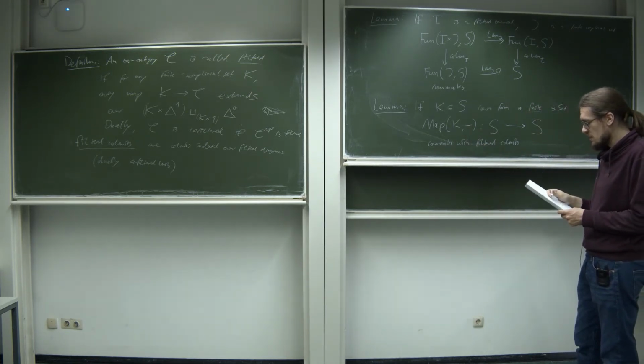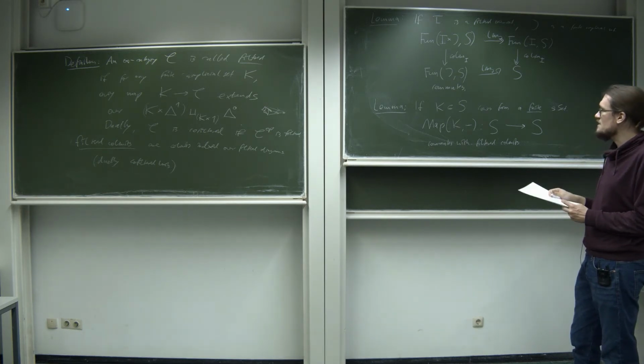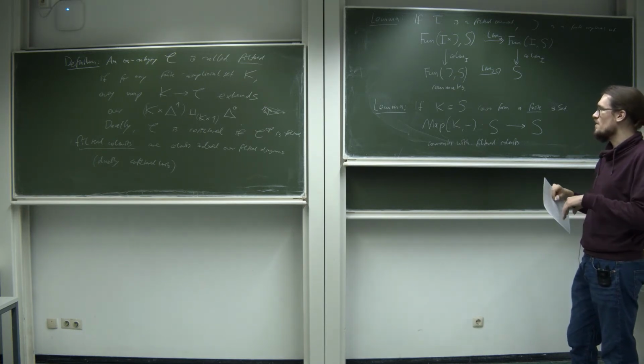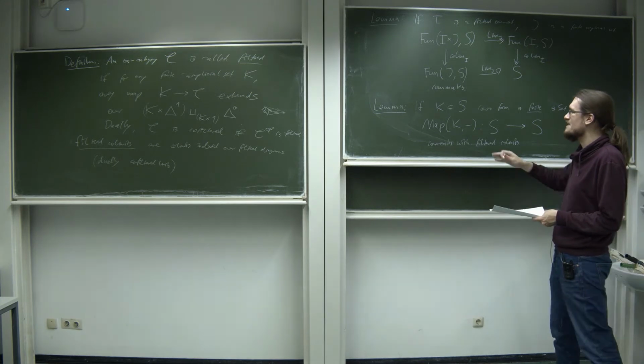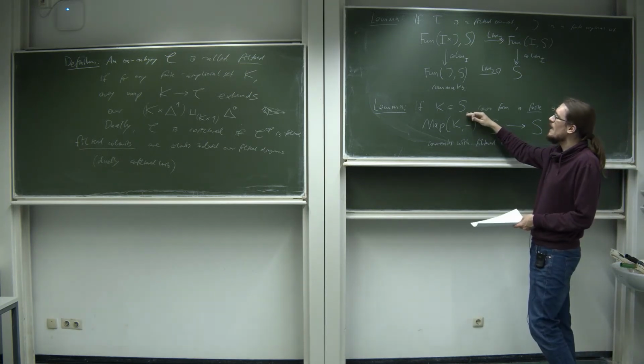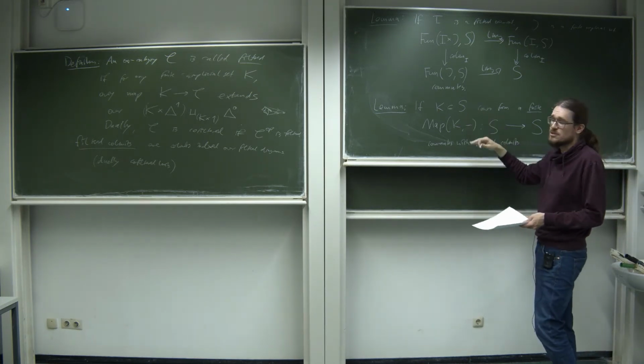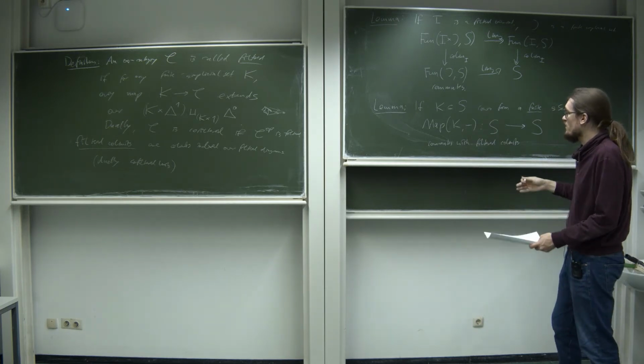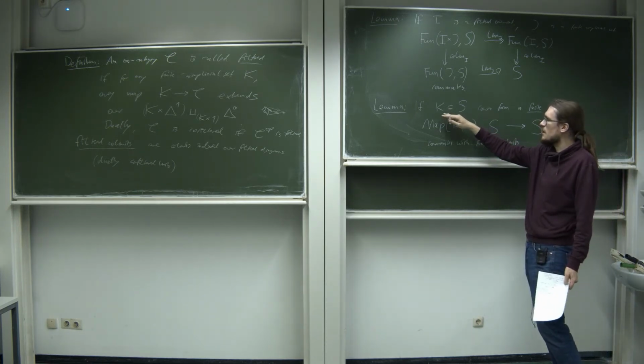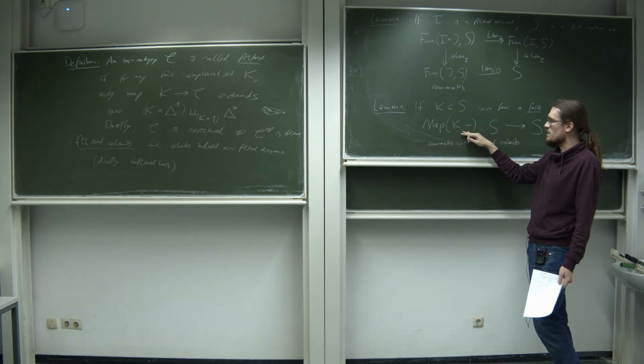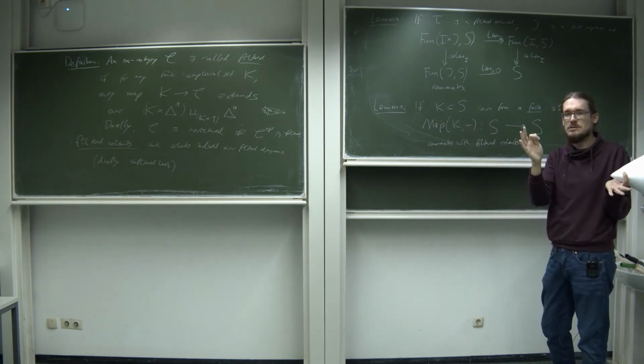But note that the analogous statement in the one category world for sets actually follows directly from the exercise I just gave. So if you have a finite set and you map into something, that just takes a product, right?